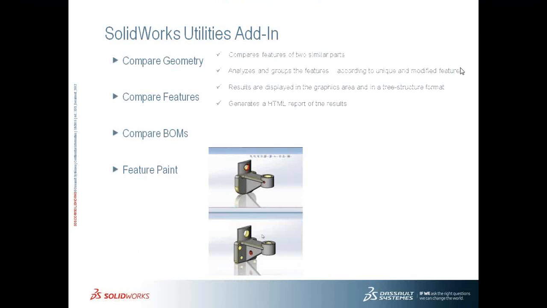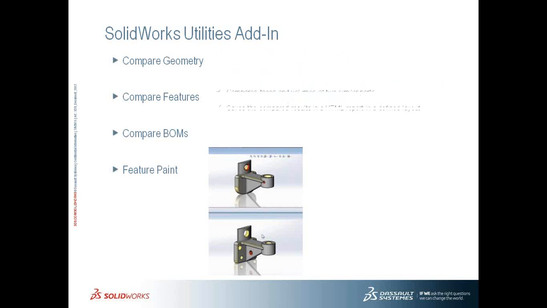So if we come back and see what we've learned, for compare geometry, we can compare features of two similar parts, analyze and group the features according to the unique and modified features, and then the results are also generated in the HTML report.